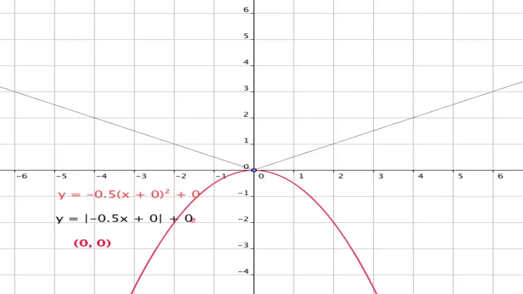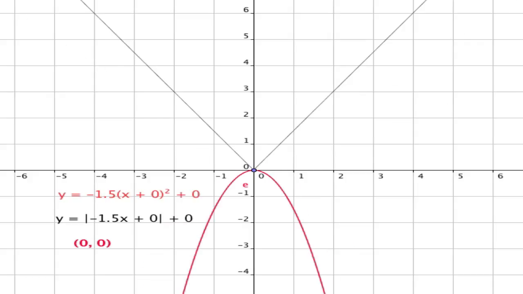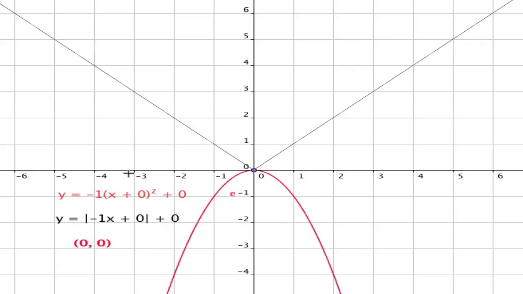Now let's take a look here. So now we make it negative. Now here's where it gets different than the absolute value. Because the coefficient's on the outside of the squared, a negative will actually flip over the parabola. In the case of the absolute value, the coefficient, or the slope there, was inside the absolute value, so it stayed above 0. Now it's outside the squared, so it will actually cause the values to go negative.